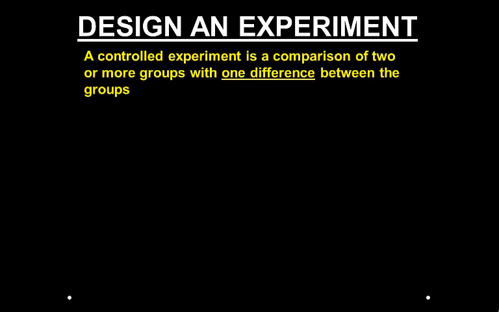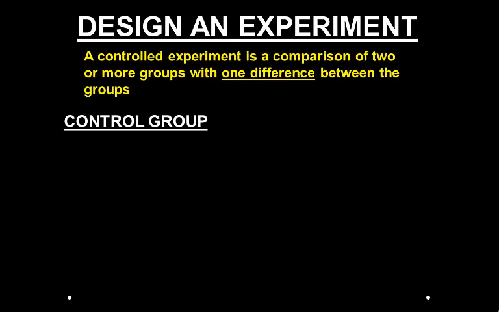This step in the scientific method requires the scientist to develop a controlled experiment to test the hypothesis. A controlled experiment sets it up so that a control group and an experimental group do exist.